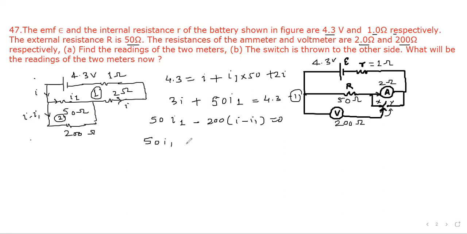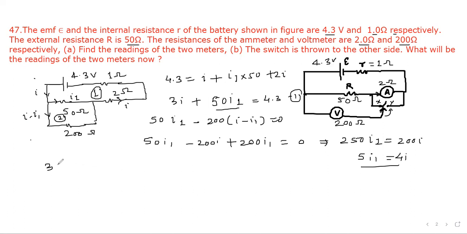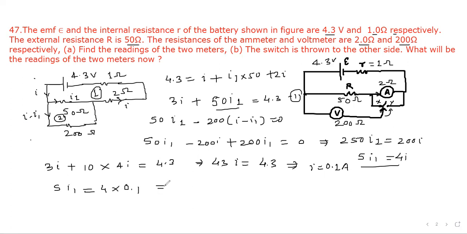So 50 I1 minus 200 I plus 200 I1 equal to 0, which gives 250 I1 equal to 200 I, or 5 I1 equal to 4 I. Now, if we put this value in this equation, what do we get? 3I plus 10 times 4I equal to 4.3, which gives 43 I equal to 4.3, which further gives I equal to 0.1 ampere.